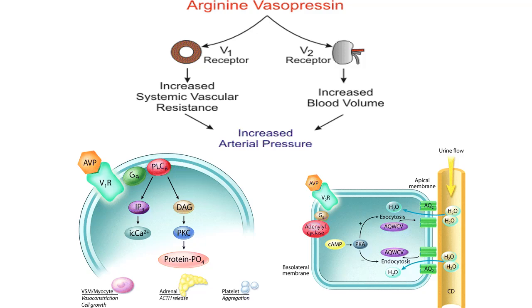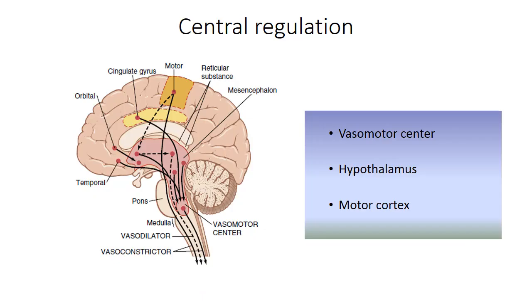So V1 receptors increase systemic vascular resistance, V2 receptors increase blood volume and stimulate water absorption. Finally, both of them increase arterial pressure and increase blood flow.